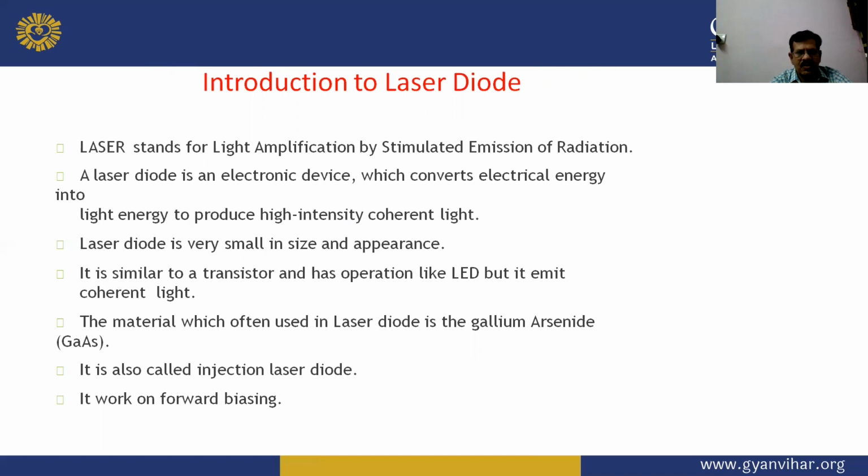The laser diode converts electrical energy into light energy to produce high intensity coherent light. The laser diode is very small in size and appearance, similar to a transistor, and has an operation like an LED, but it emits coherent light.